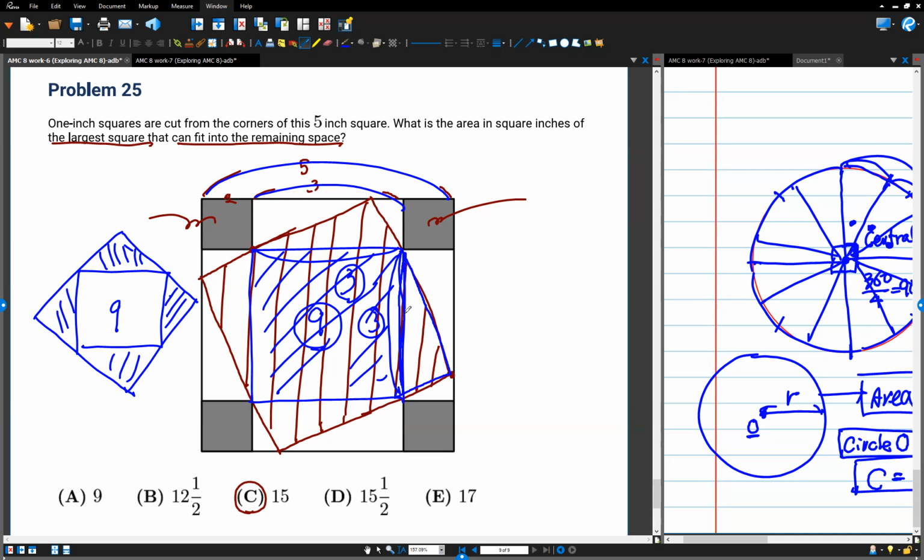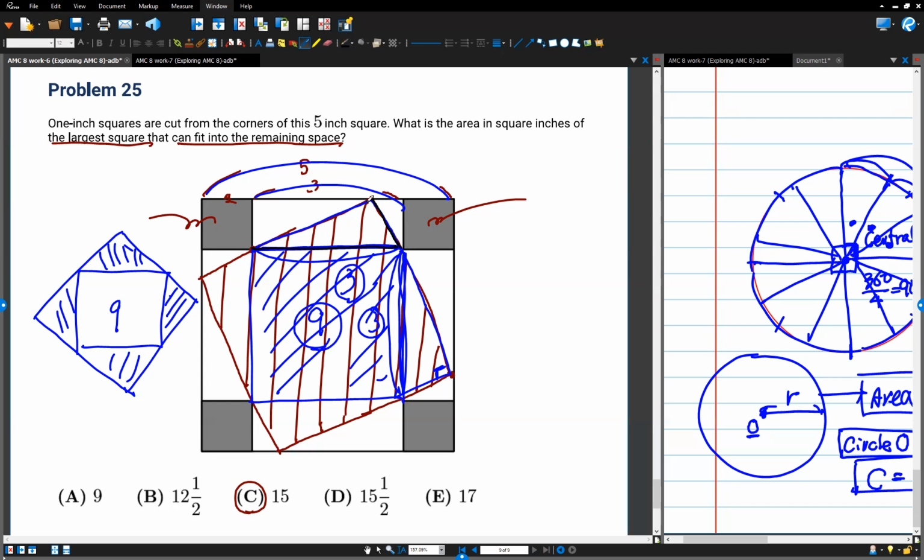The hypotenuse is equal, this is a right angle, and they are all congruent. How can you find this area? Yes, you can find this area. What is the length of this base? This is a right triangle, right?